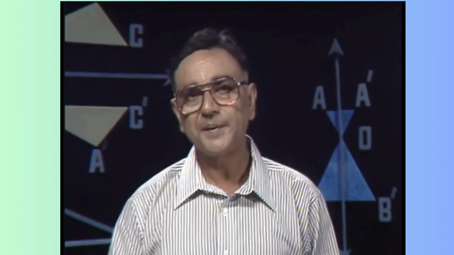But if the triangles, or for that purpose any polygons, have different shape, then obviously they will be different. But in case they have the same shape but different size, then let's have a look at these two triangles.